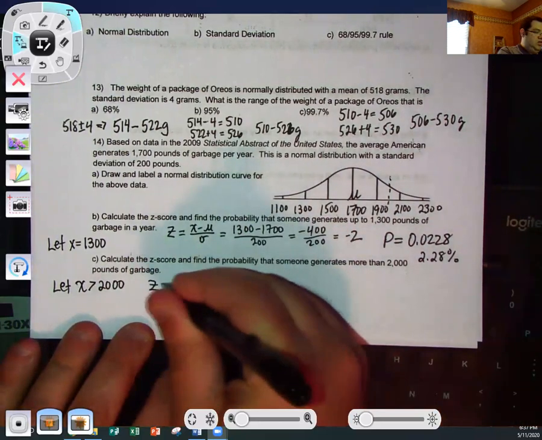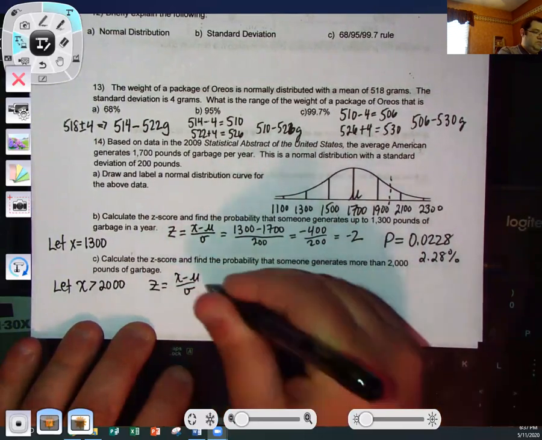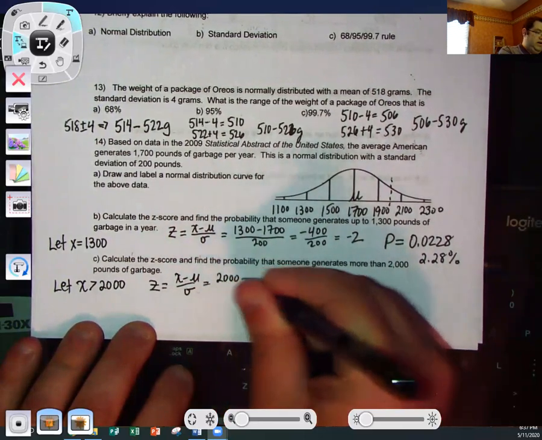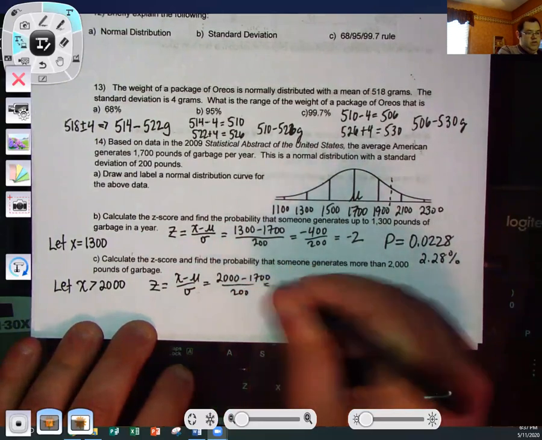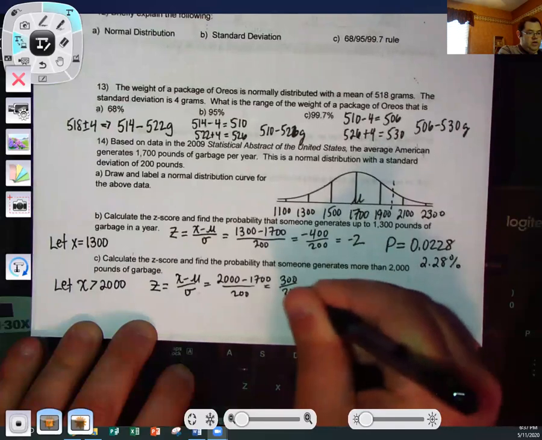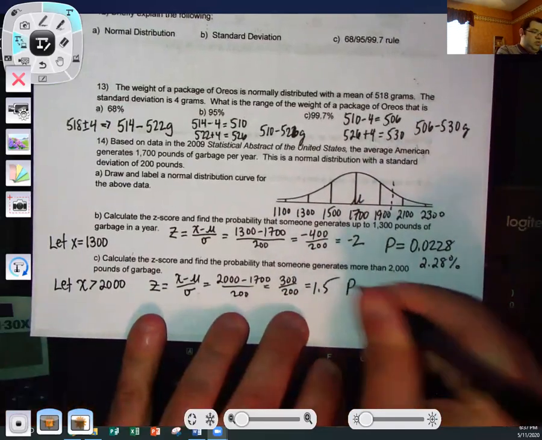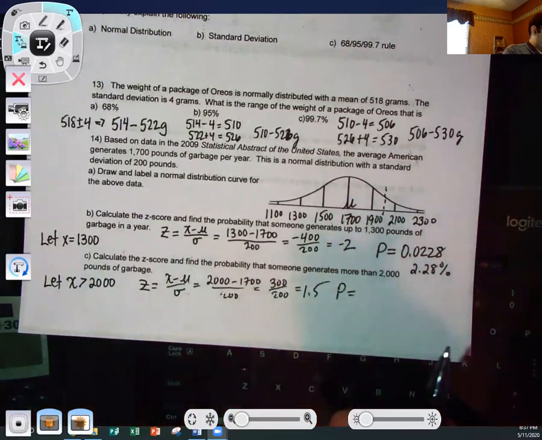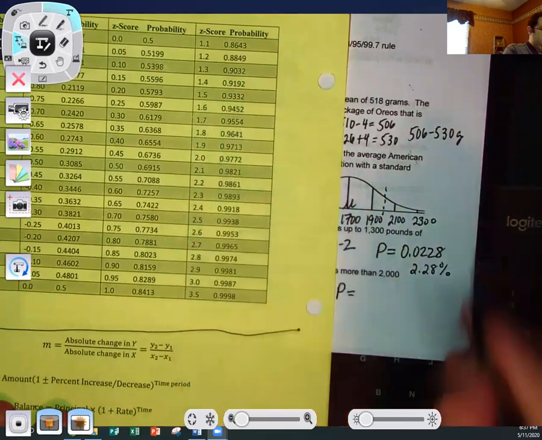So we would calculate the z-score for 2,000. So 2,000 minus 1,700 divided by 200. So we end up with 300 divided by 200, which is 1.5. So the probability in that case, if I go to 1.5 on my chart, that's 0.9332.